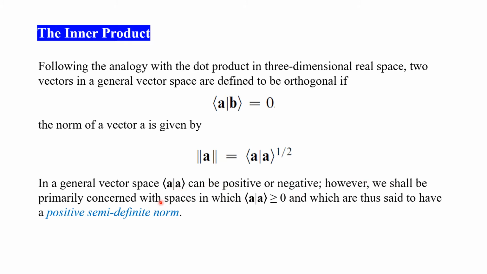However, we shall be primarily concerned with spaces in which ⟨A|A⟩ is greater than or equal to 0, which are thus said to have a positive semi-definite form. So this is your orthogonal definition, and this is the norm of A.